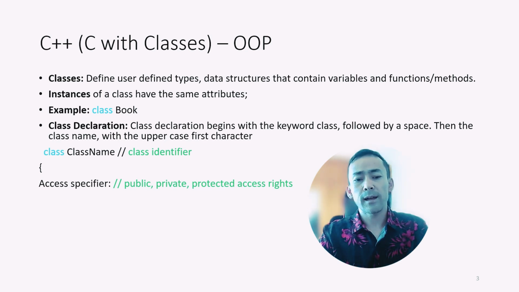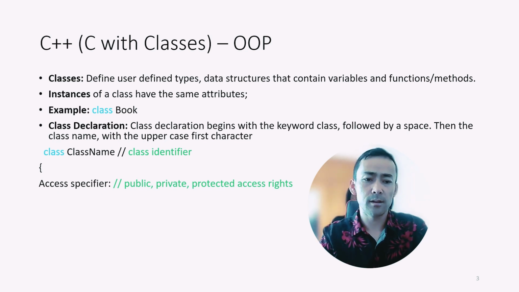The public access specifier allows other functions and classes outside the class scope to have access to the data inside the class.